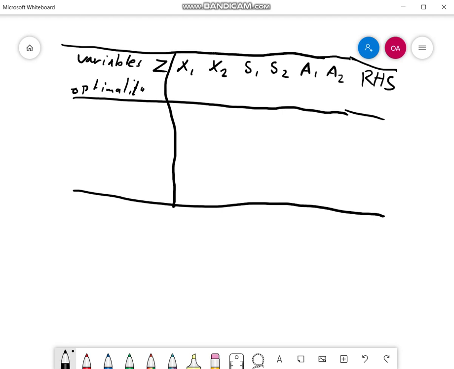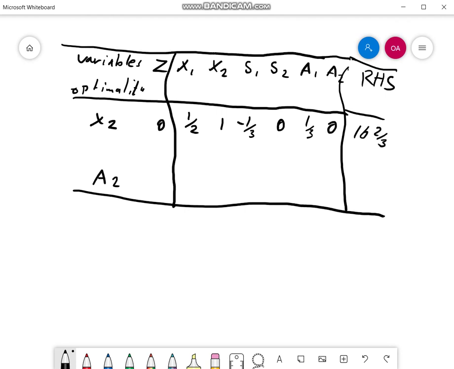So we have here x2 and we have a2. So x2 was 0 and half, 1 minus 1 over 3, 0, 1 over 3, 0, and 16, 2 over 3.